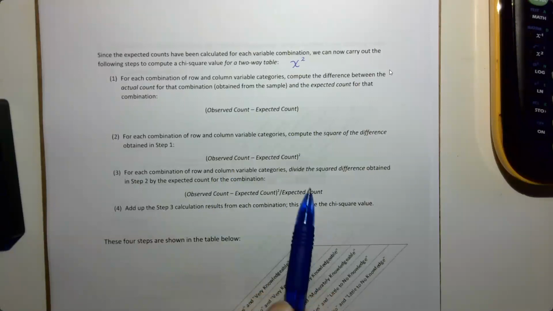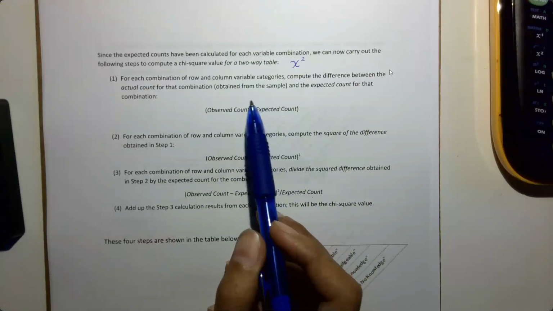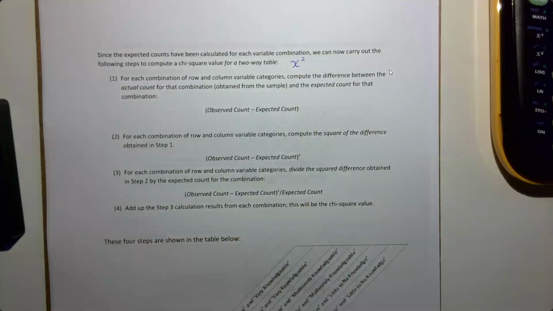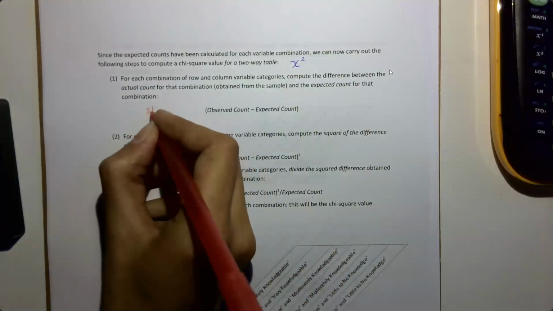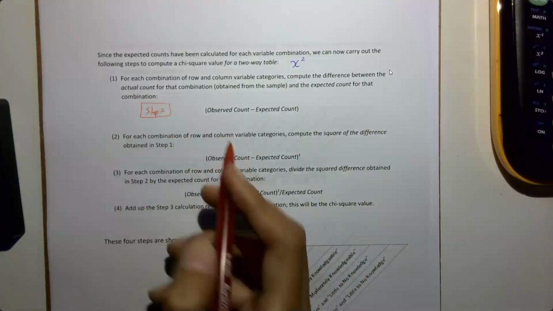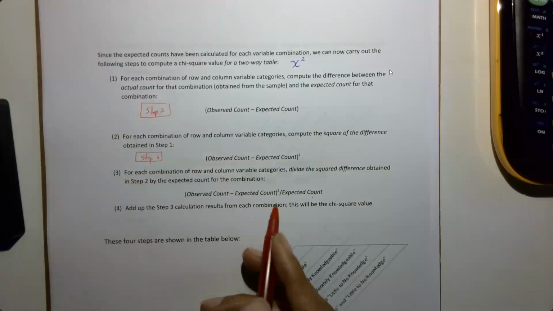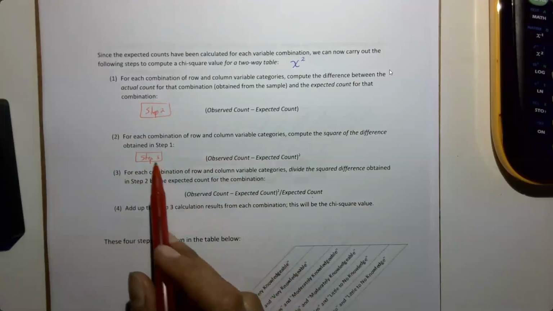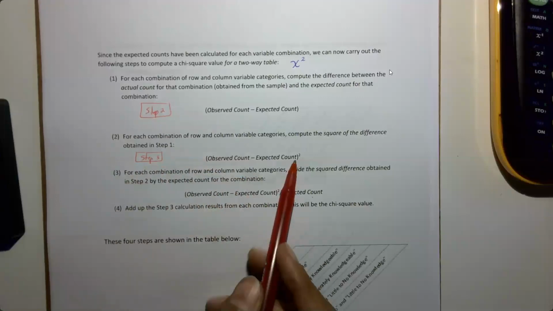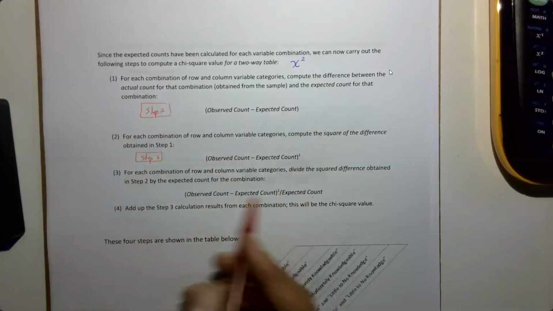So first, we calculate the expected count. Then we do the subtraction. This is our step 2. Then in step 3, we raise them to the second power. In the next step, we divide that number that we raised to the second power by the expected count.